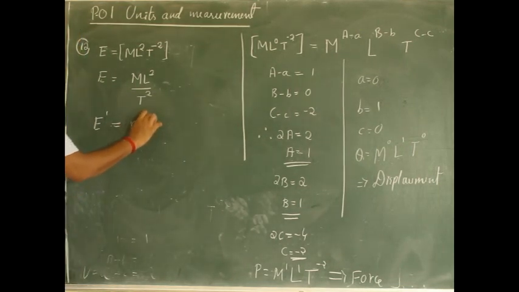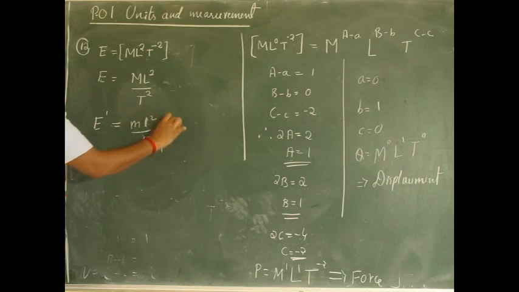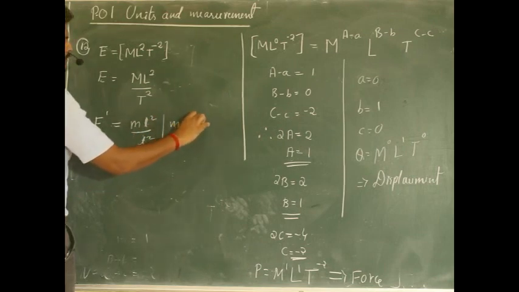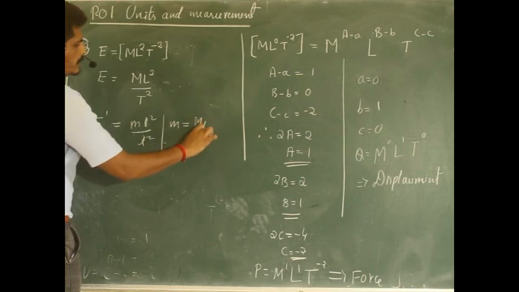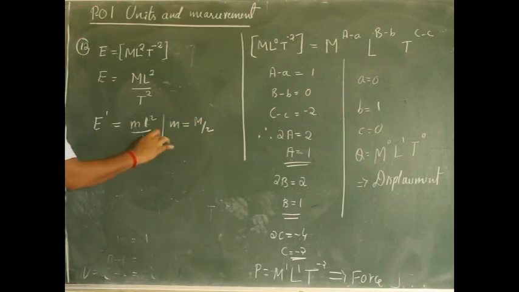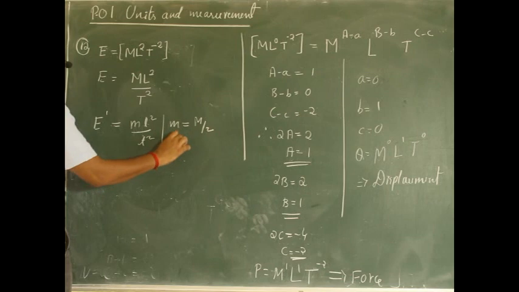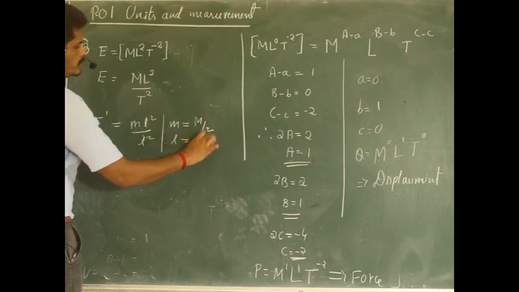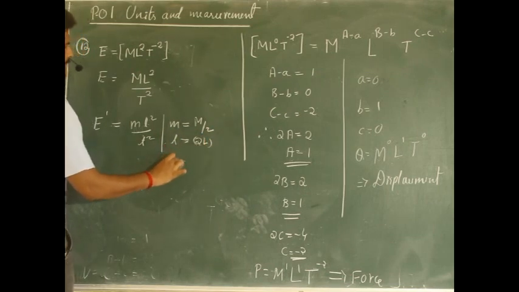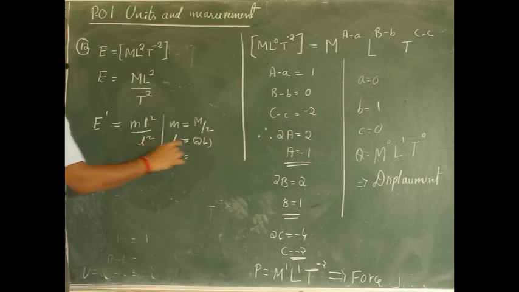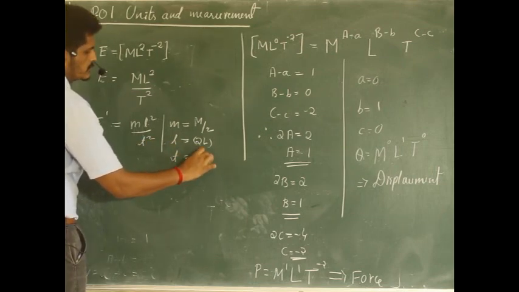So I will write m l square by t square, where small m means mass is halved, length is doubled, 2l, and new time is t by 2.